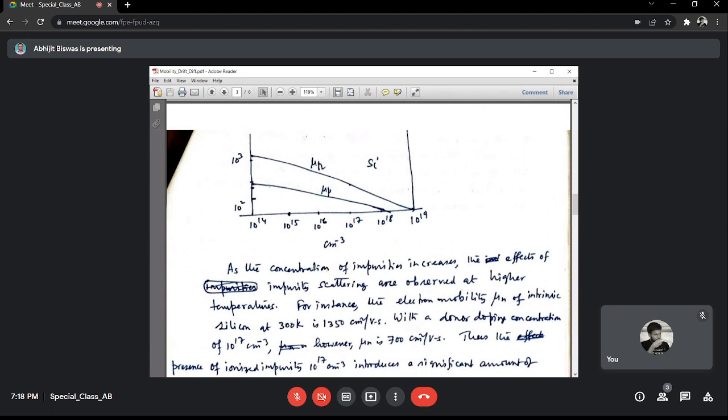As the doping concentration increases, both electron and hole mobility drop down. It is obvious because a large number of dopants inside the semiconducting material means a large number of ionized charges available. So there will be more impurity scattering, and therefore the mobility degrades with the increasing amount of dopants or impurities.